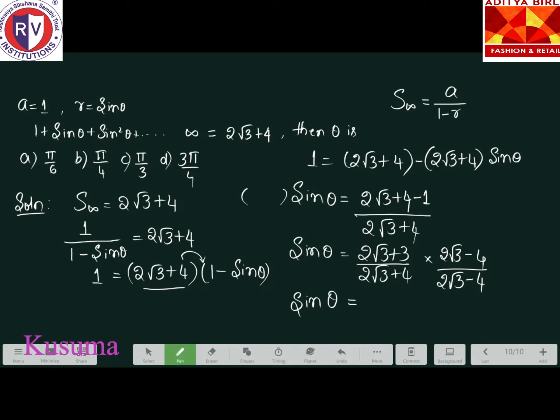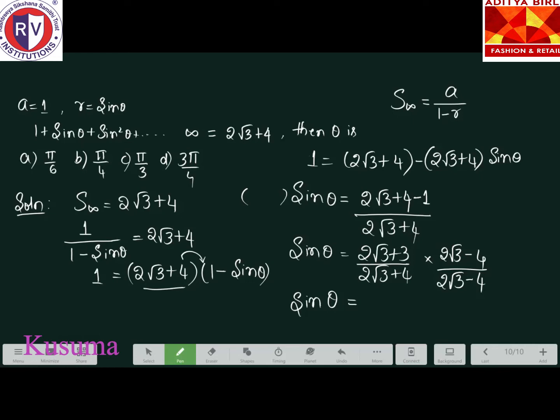In the numerator, multiply the terms and tell me what is the value of sine theta. Simplify it.